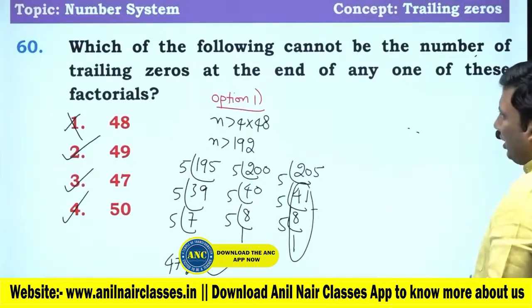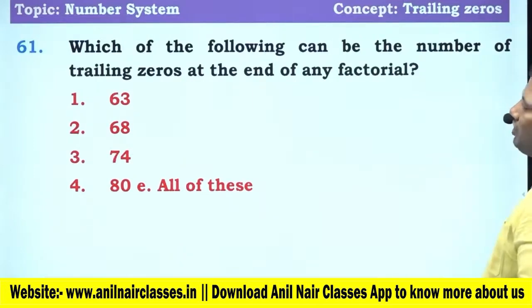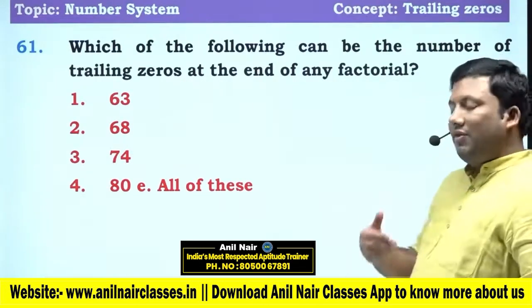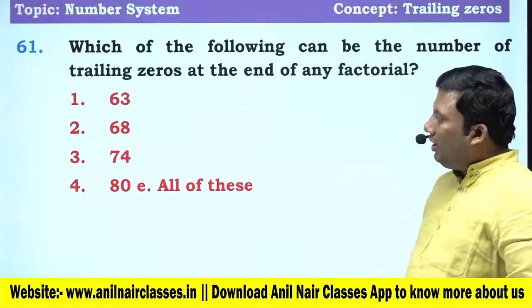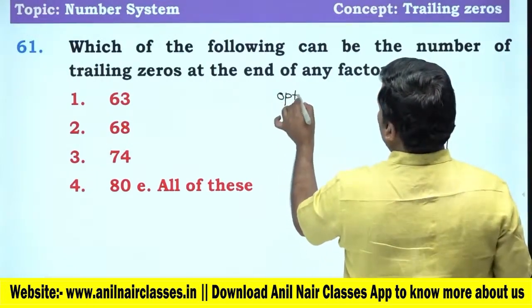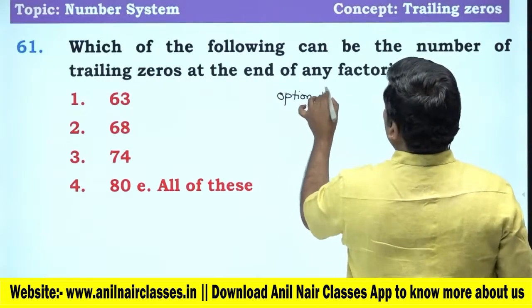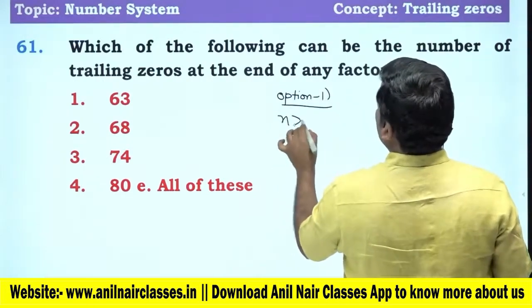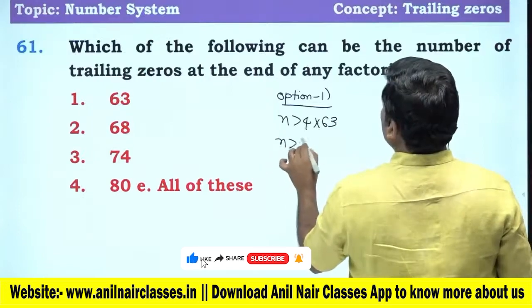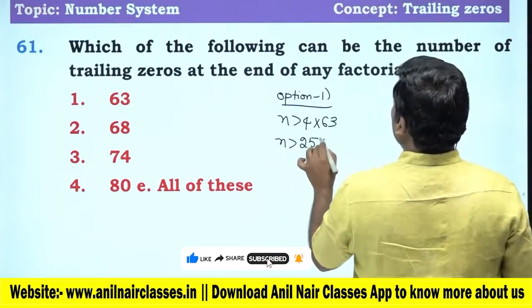Next one. See here. Next question. Which of the following can be the number of trailing zeros? The previous question was cannot be, now it is can be. Option 1: N is greater than 4x. 4 into 63, N is greater than 252.